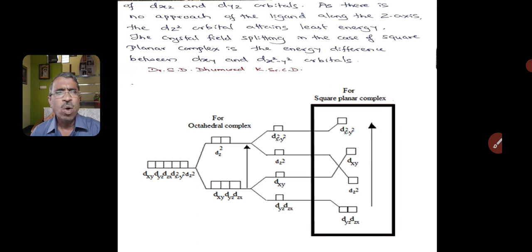And t2g orbitals further split, with dxz and dyz orbitals having lower energy and dxy orbital having higher energy. This is in case of tetragonal complexes. When it comes to the square planar complexes, dx²-y² orbital has still higher energy, and the dz² orbital gets its energy lowered than the dxy orbital.